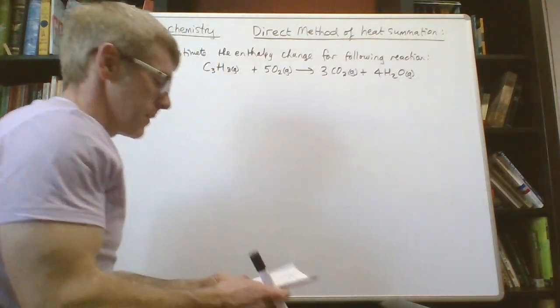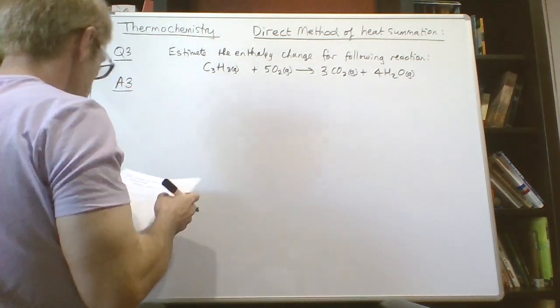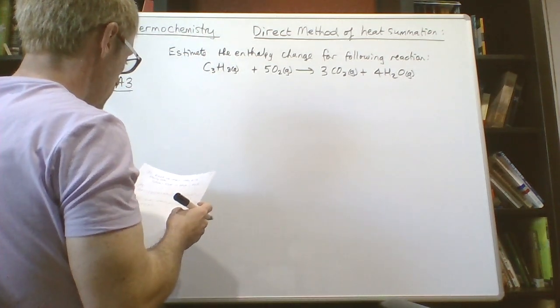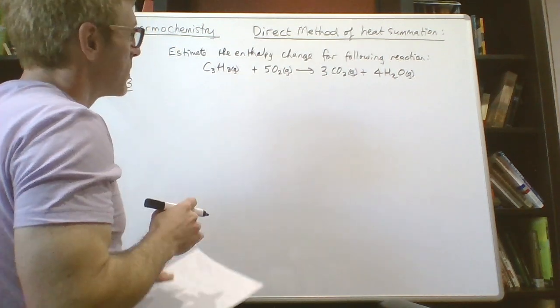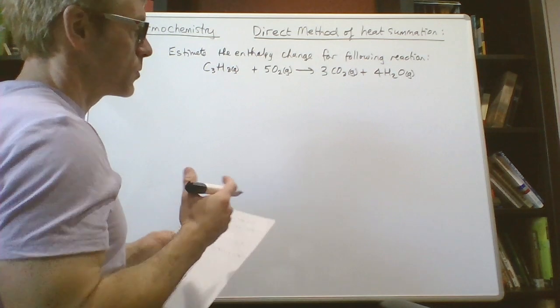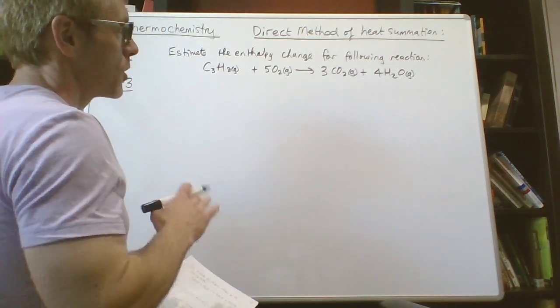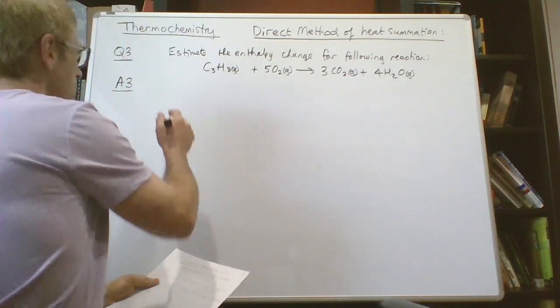Okay, so let's have a look. We've got answer 3. Okay, so here, everything's a compound. We don't have any atoms that we have to atomize or what have you, so let's have a look. And again, we're after the overall enthalpy change.